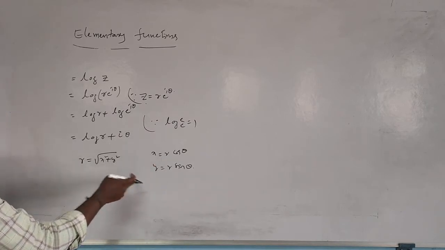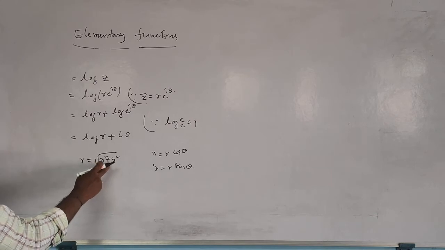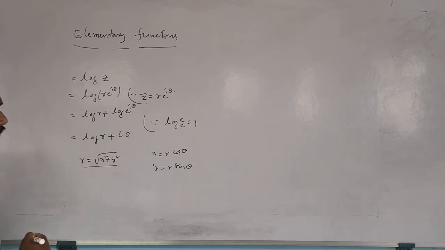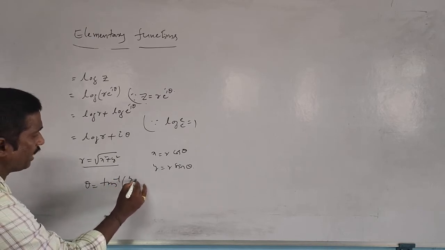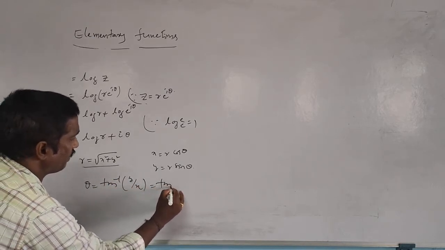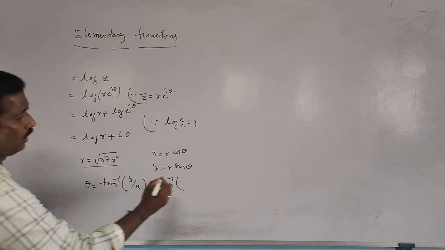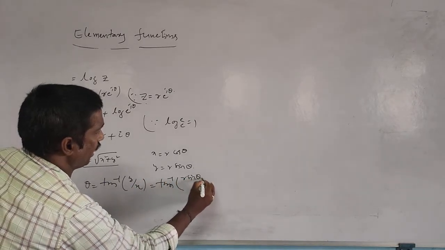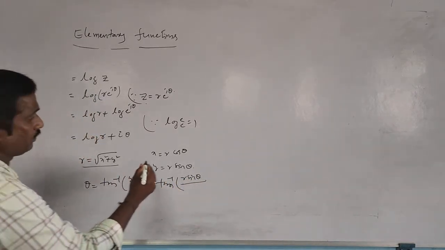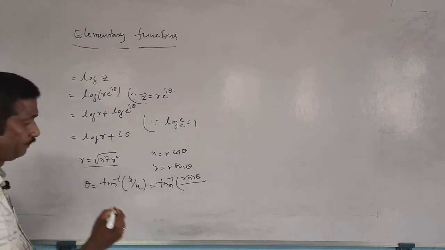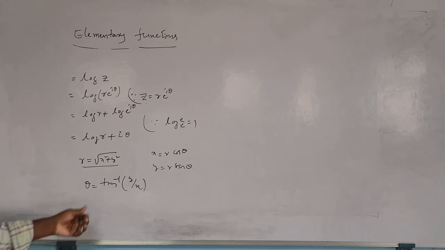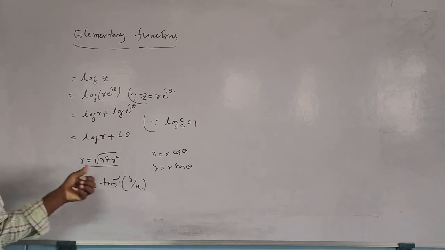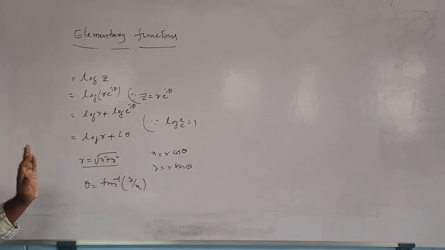Adding both equations, we get r = √(x² + y²). Next, θ = tan⁻¹(y/x), that equals tan⁻¹(r sin θ / r cos θ). So here θ = tan⁻¹(y/x) and r = √(x² + y²).